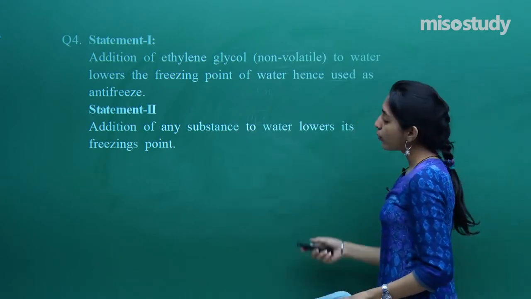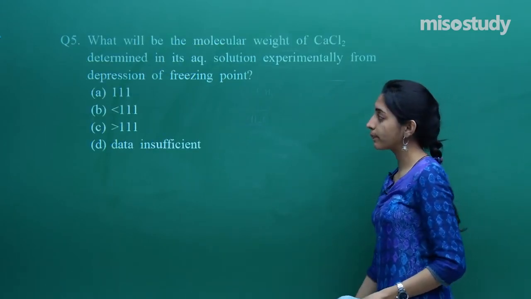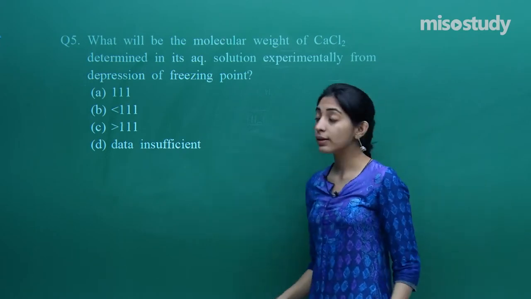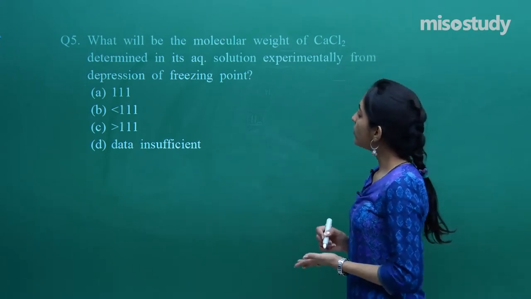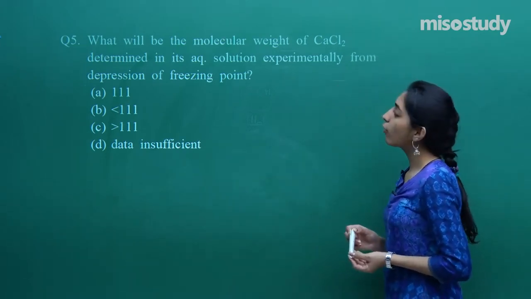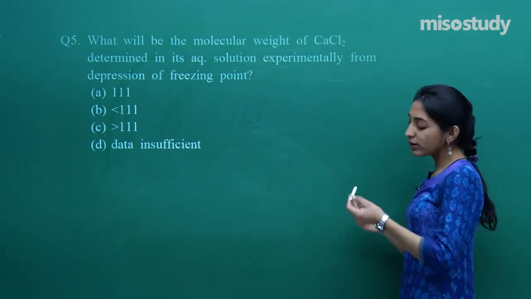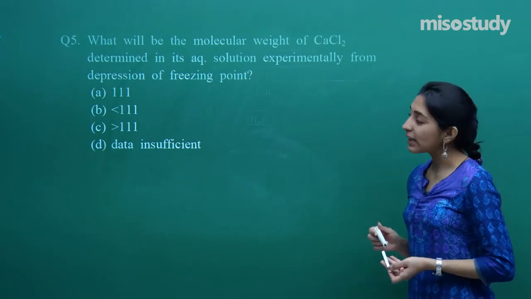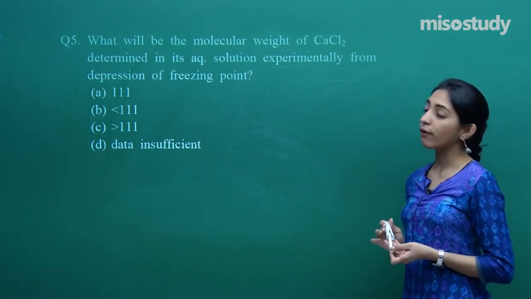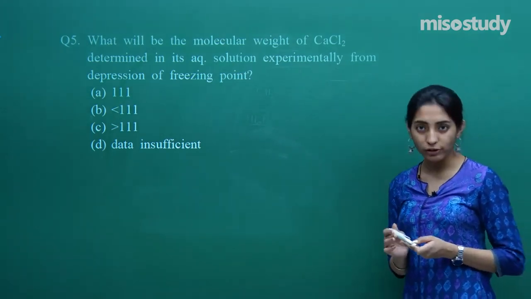Now let us move on to another question. What will be the molecular weight of calcium chloride determined in its aqueous solution experimentally from the depression of freezing point? That's really a good question.